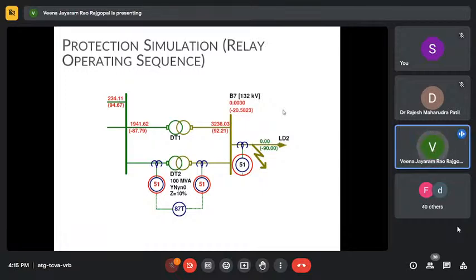If it is picked up, you can see there is a red circle around it. Wherever the red circle is there, it means that the relay has picked up, so it has sensed the fault. The first relay which operates starts blinking, and then you can always see the sequence of operations.